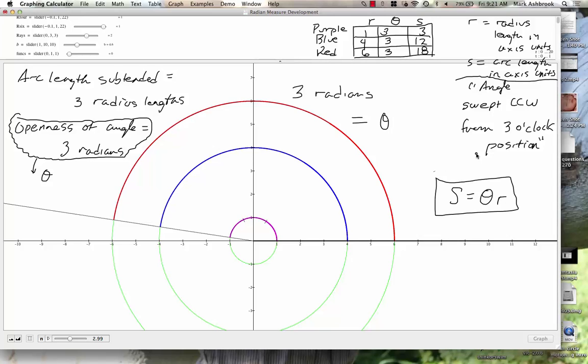Because theta is easier to measure. It's based off radius. So in this formula, is it most useful to think of theta as the openness of an angle or the number of radius lengths, to make sense of this formula?